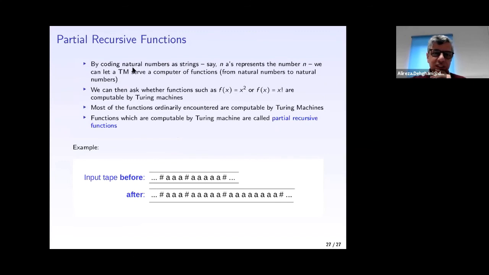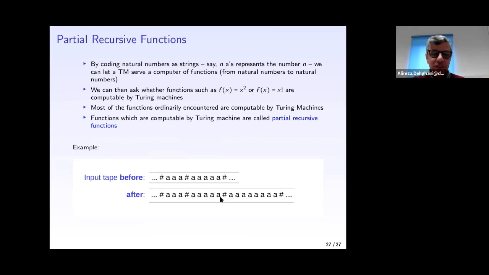By coding natural numbers as strings, how can we calculate things with numbers? That's easy. If we code natural numbers as strings, for example, n a's represent the number n. This can represent 3, and this can represent 5.